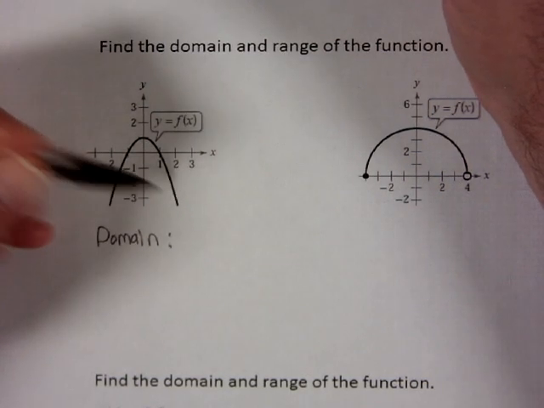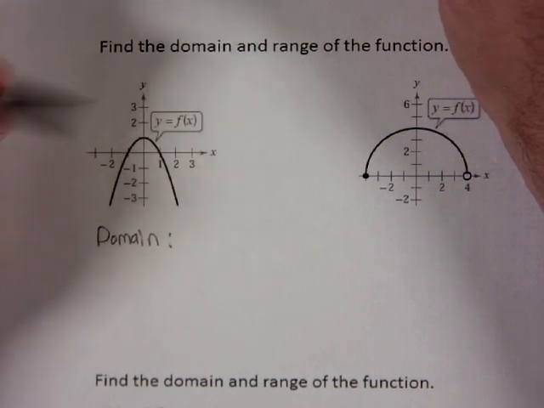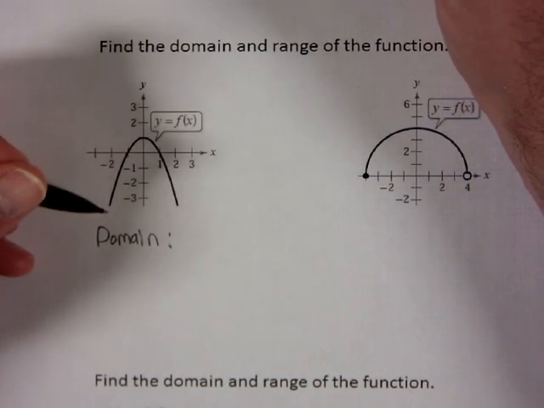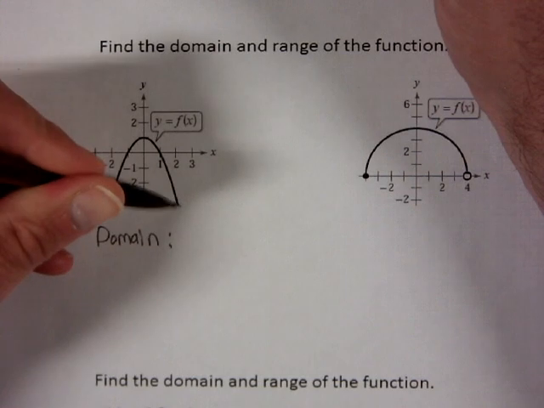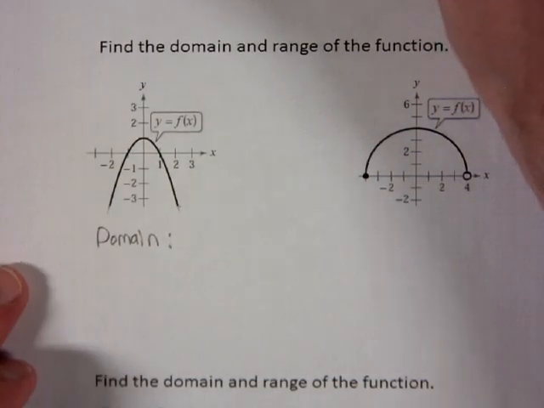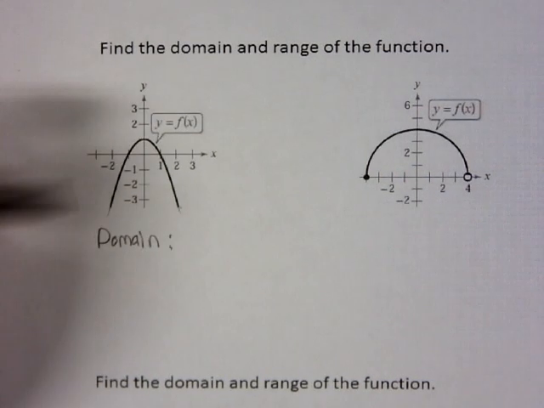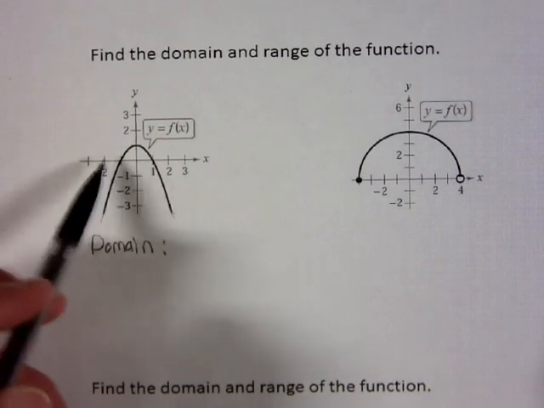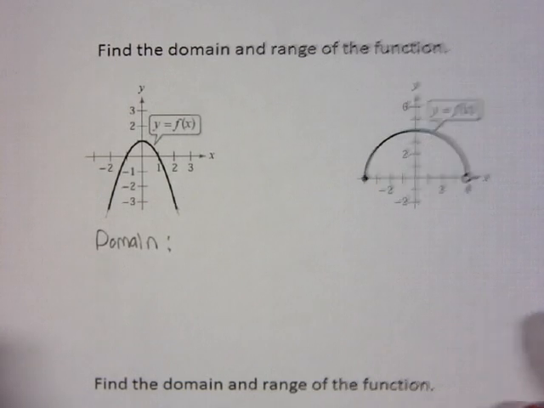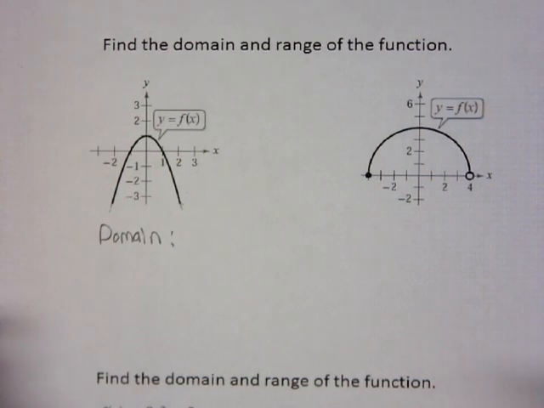Now, when we're taking a look at this, remember, the graph doesn't stop at the end of the picture here. The graph itself actually keeps going, right? The first thing we need to do when we're talking about domain is see if we can find the x values. You need to ask yourself, does the graph have boundaries?